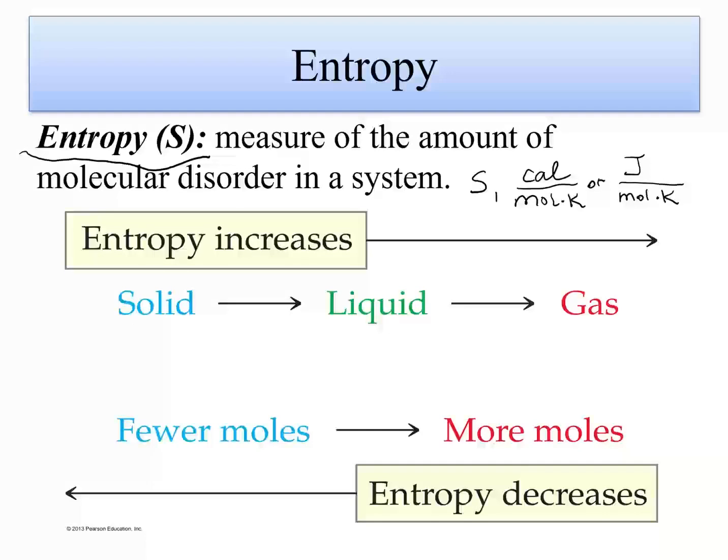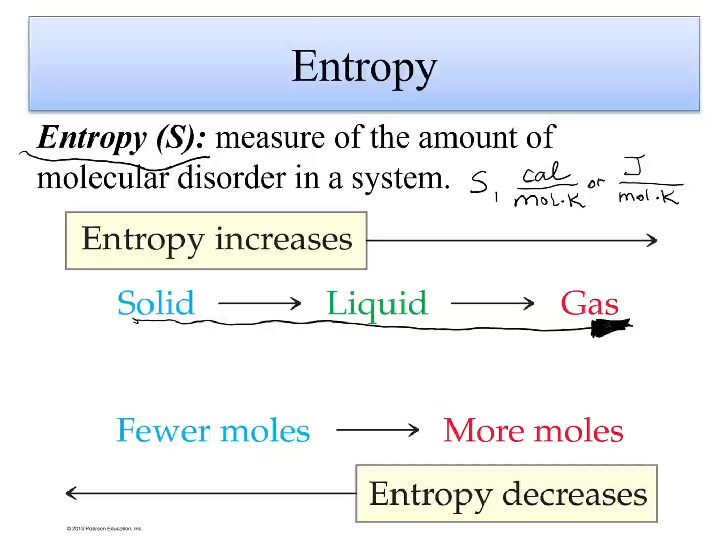When we go from the solid state to the liquid state to the gas phase, the entropy increases. This is due to the movement of the particles or molecules present in the solid, the liquid, or the gas. In gases, molecules are moving randomly and are free to move around. In liquids, molecules are able to move freely, but they are pulled closer to each other.